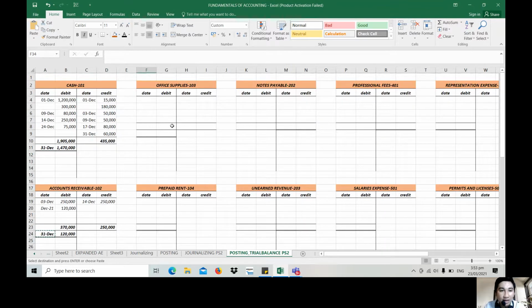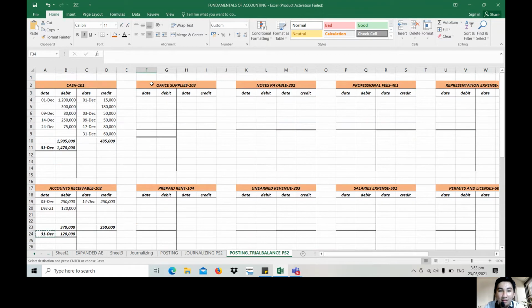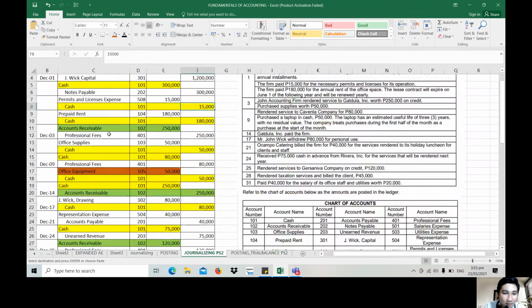50,000. Next, office supply. If mapapansin niyo, mga assets muna ang inuuna natin summarize sa T accounts. Office supplies. May office supplies ba tayo? Yes, we have here. Ito. So, 50,000 again. Debit.